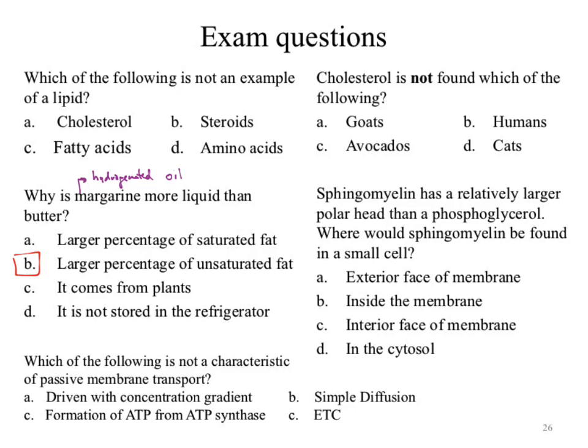Which of the following is not a characteristic of passive membrane transport? Man, I'm a big fan of the nots this time, aren't I? So not. With the concentration gradient, well, that is passive by definition. ATP from ATP synthase.